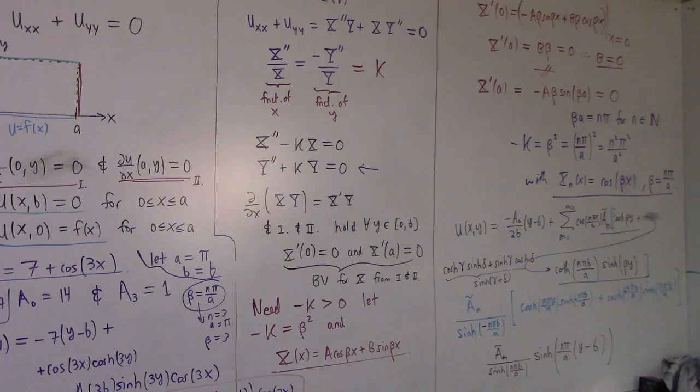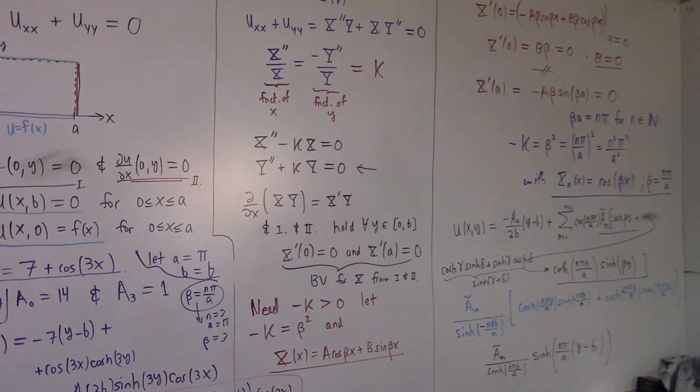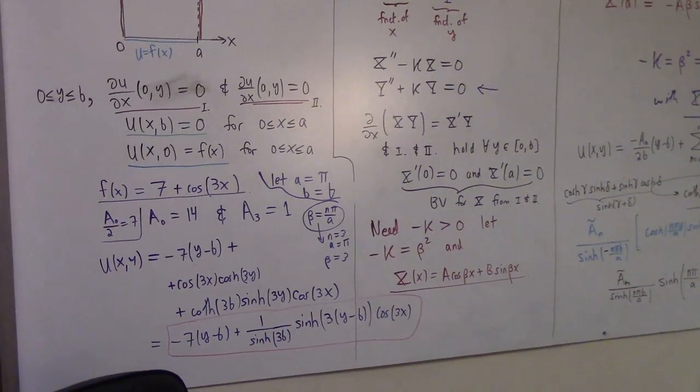Are those the same solution? Let's see, let's try plugging stuff in. What happens if we plug in y equals b? Put y equals b, that's 0. Make sure I'm not talking off screen here.